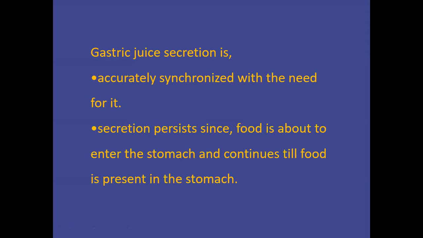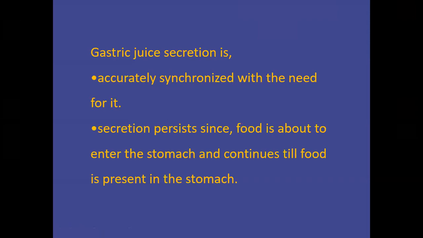So the first phase is the cephalic phase of gastric secretion, and the other one is due to the presence of food. In the first phase you have to appreciate that you think of the food, or you are at the dining table, or you are in a restaurant waiting for the food.